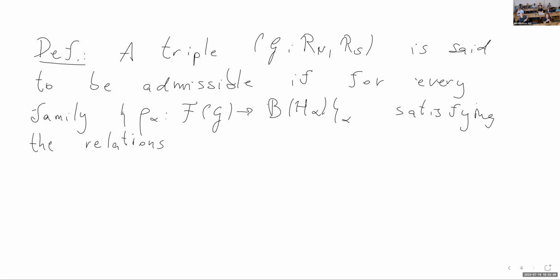So it's a very general family of representations. So don't assume that Rn and Rs are small in a sense? No, they are arbitrary. There is no restriction on the cardinality of the sets. There is maybe with respect to the cardinality of G. Yes, these two are going to be bounded.